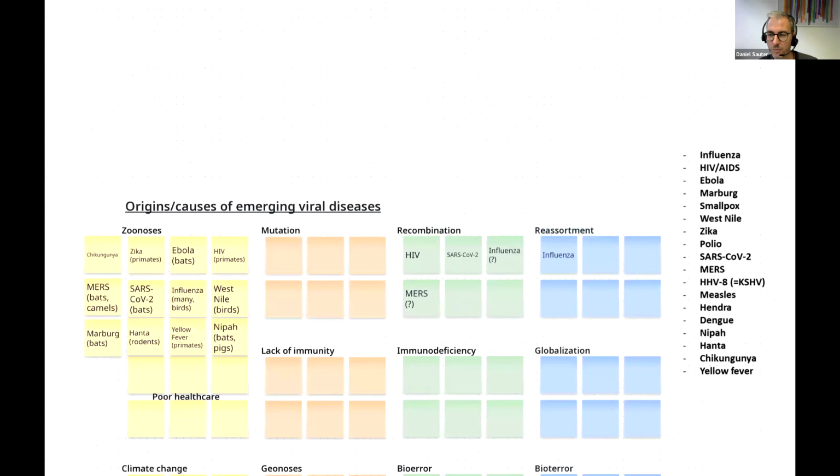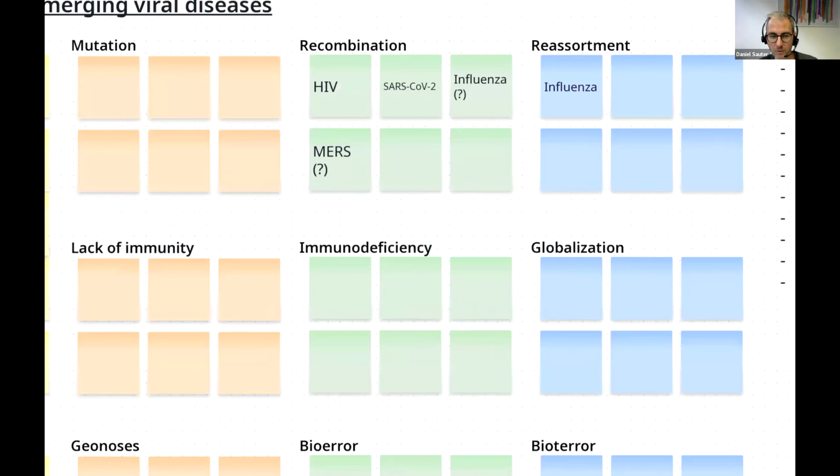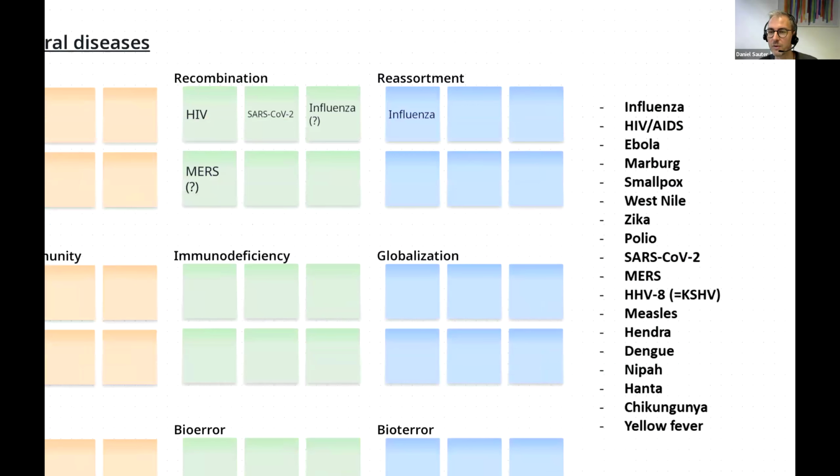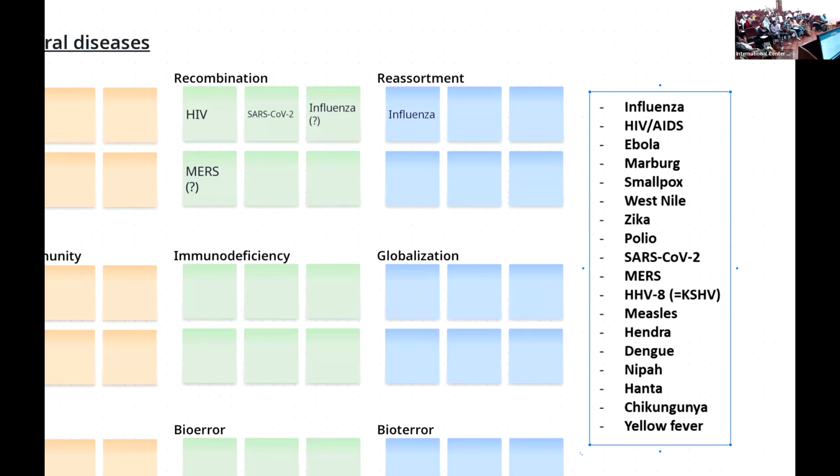Let's jump to immunodeficiency. Which of them would benefit from a host or a human with poor immunity? I mean, all of them would, but which of these viruses does not usually cause disease in immunocompetent, healthy individuals, but only in immunocompromised individuals? HIV.